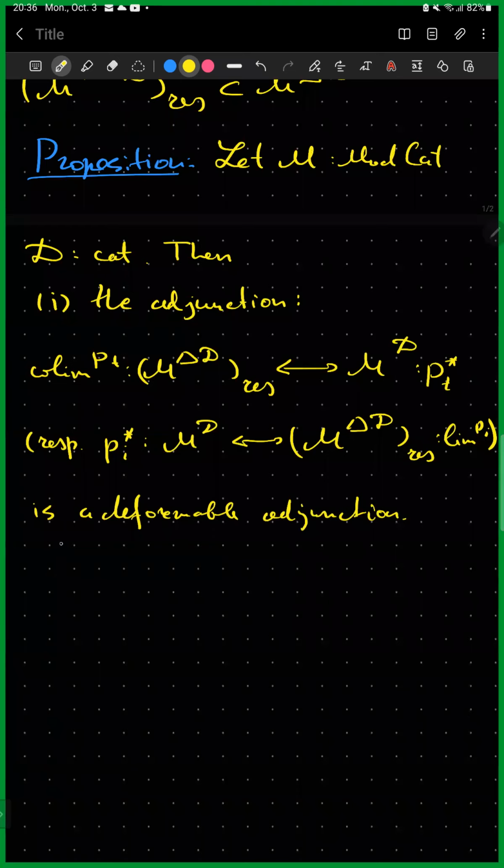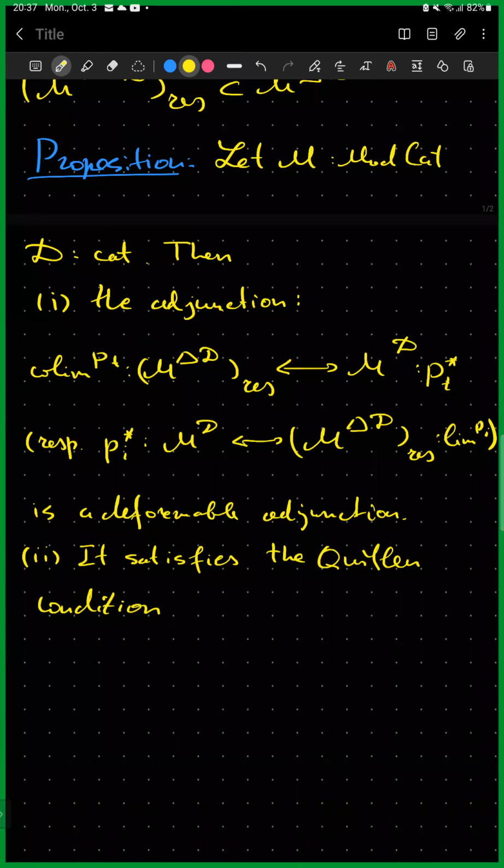Moreover, this adjunction satisfies the Quillen condition, which we formulated, and is a condition when a certain deformable adjunction, or in a stricter sense, just a Quillen adjunction, is a Quillen equivalence, or an equivalence on homotopy categories, if we're talking just about any deformable adjunction.